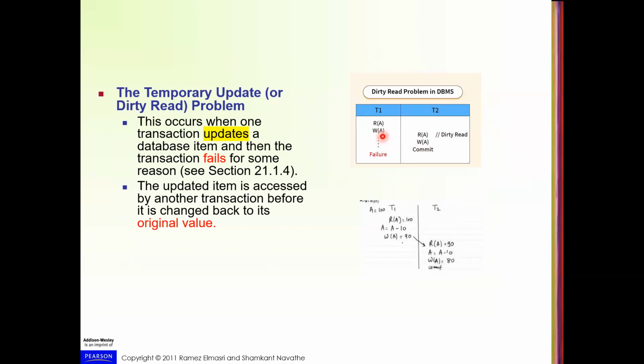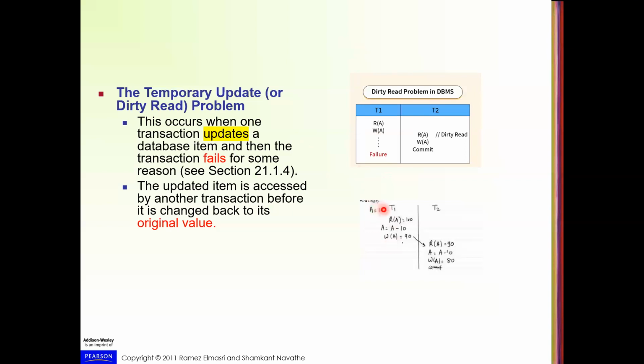T1 started reading A and wrote the item A to the disk, but later T1 failed. So this is called a dirty read. T2 tried to read the values made by T1, however it did this before T1 even committed. And because T1 did not commit, it failed and we did not have any copy of it.